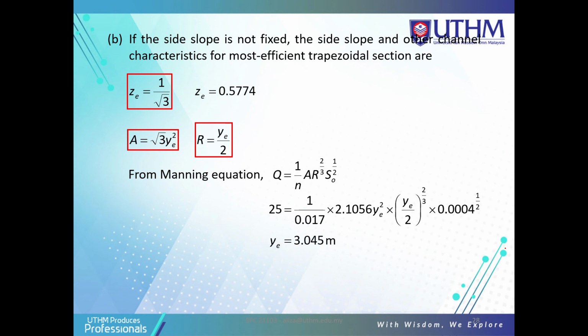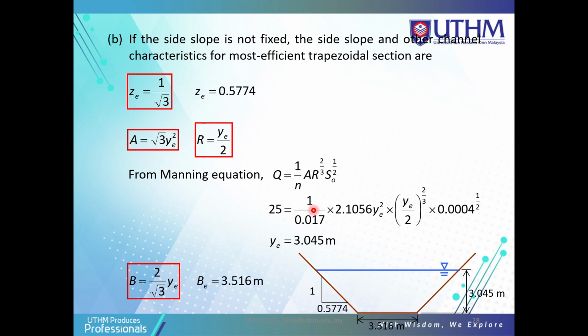After you get the YE, put back into this equation to find the new B and also the new YE. Okay, so this is for the best hydraulic section for Z and also for the trapezoidal.